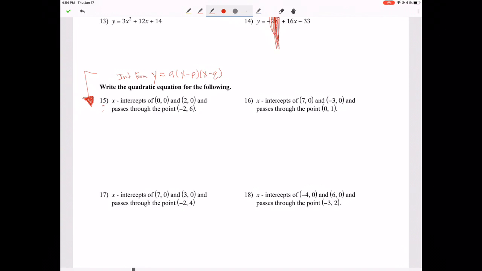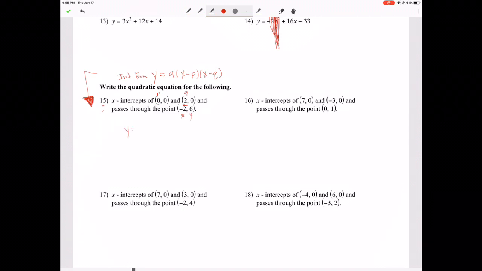So here, if they give you x-intercepts, p and q will always be your x values for your x-intercepts, and they will always give you a point that will be your x and y.